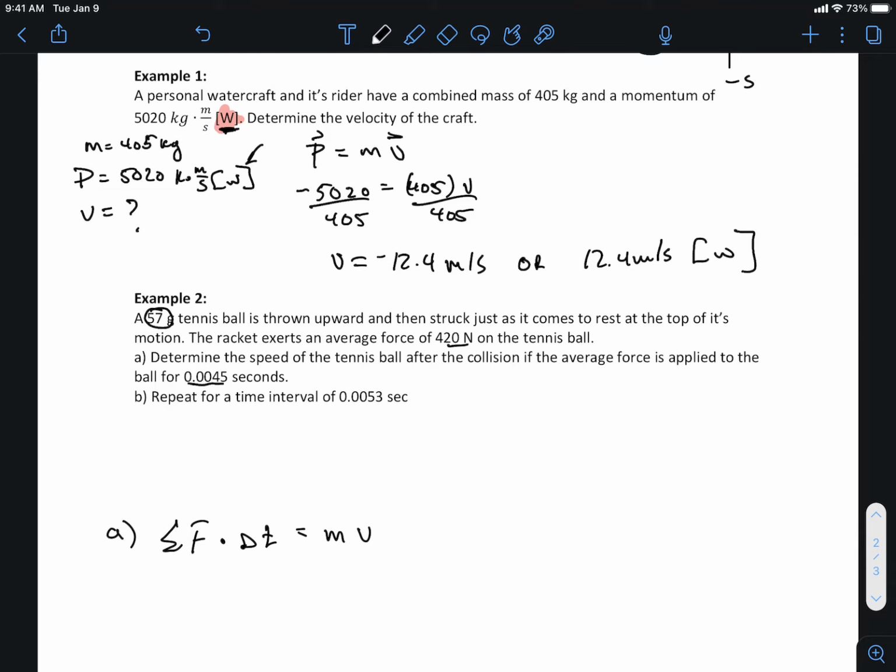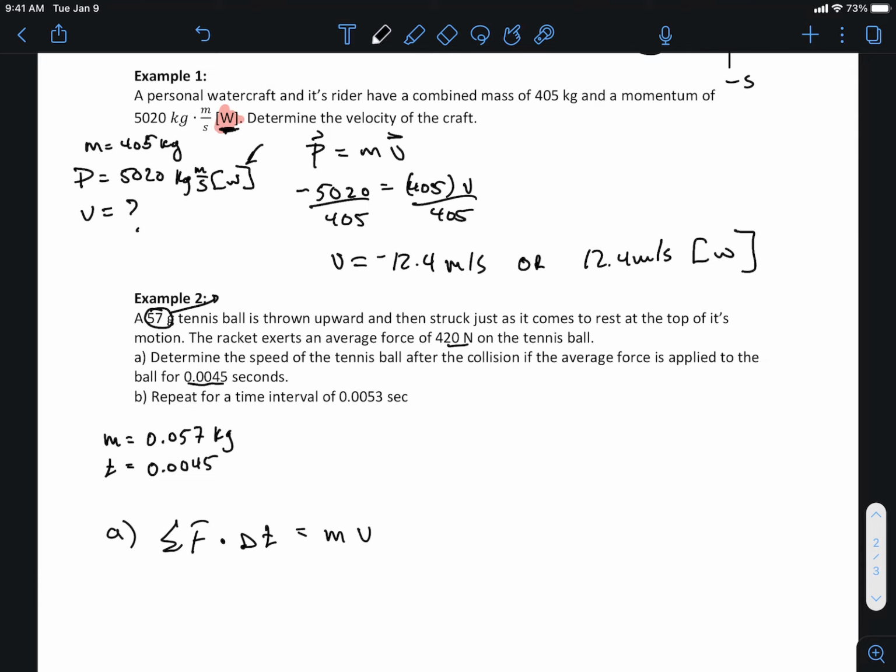Remember, our units are in kilograms, so grams are no use to us. We have to switch that to kilograms. So 57 grams is 0.057 kilograms. The seconds is fine, so we know the time. The change in time, we went from 0 to this current time, so delta t isn't that interesting because one of the times is 0.